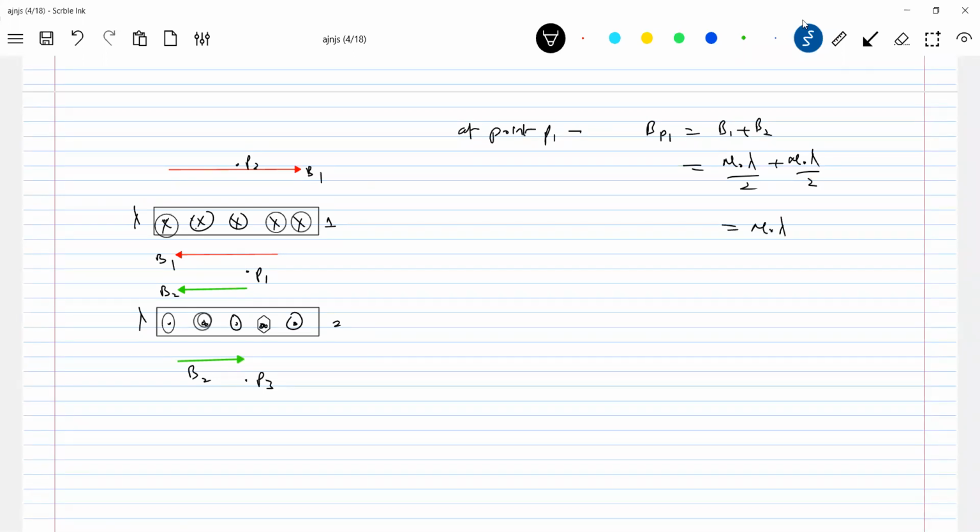What about P2? For P2 you have to take superposition. I just showed only nearby. You assume that only sheet 1 is present. You'll get confused, so now I'll show here also. It will produce a field, and similarly this will produce a field here in this direction.